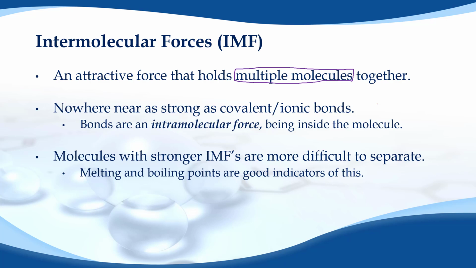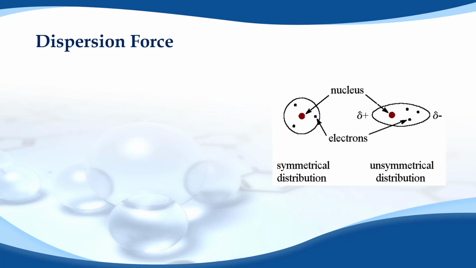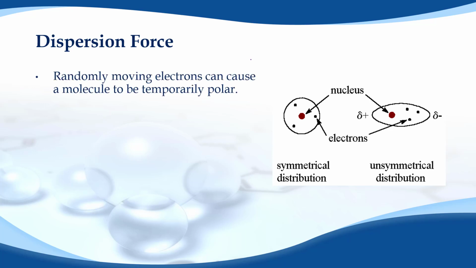Okay, so that's how the forces work in general. We're going to get into three specific forces. The first force we're going to cover is what's called dispersion. You'll also see this referred to as London dispersion. The idea behind dispersion force is that the electrons in a molecule can move about in random motion. And when they do, occasionally one side of the molecule has more electrons than the other side.